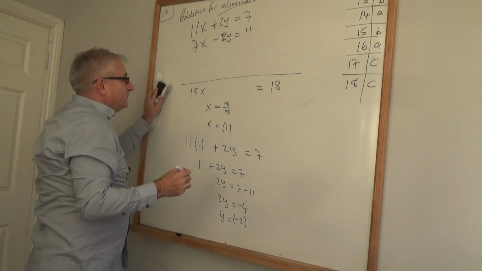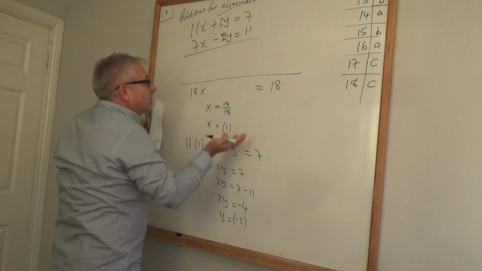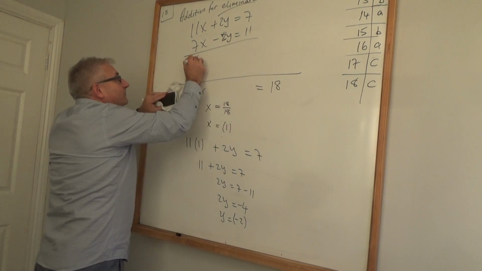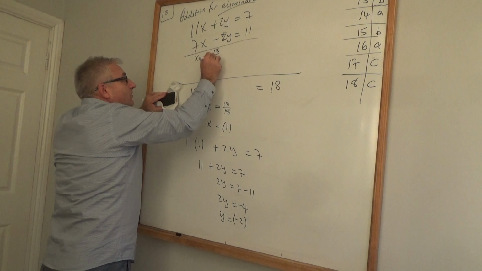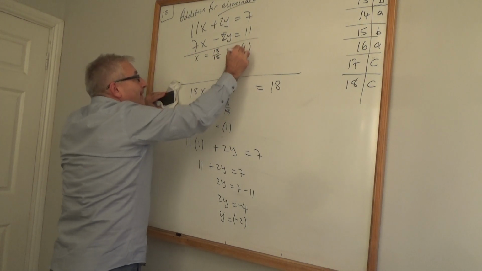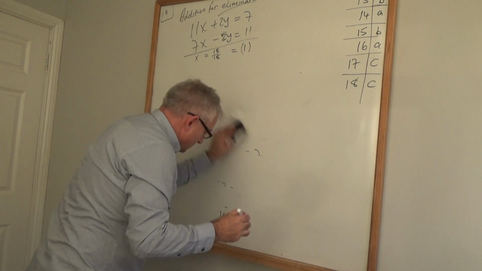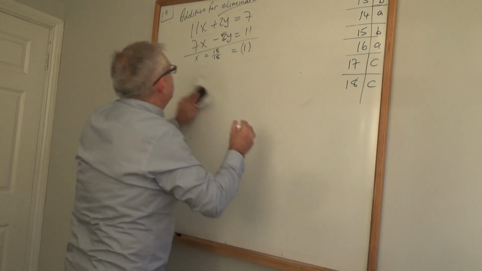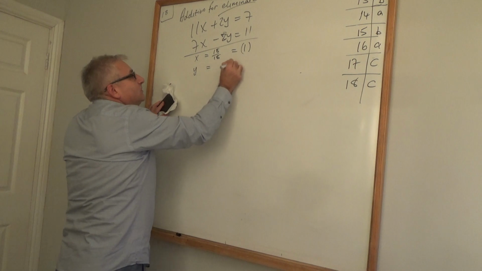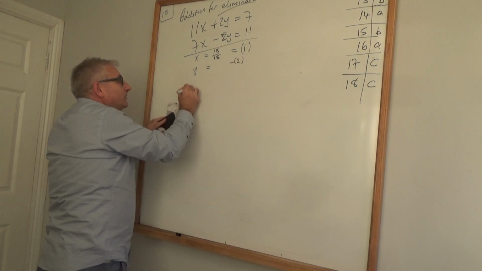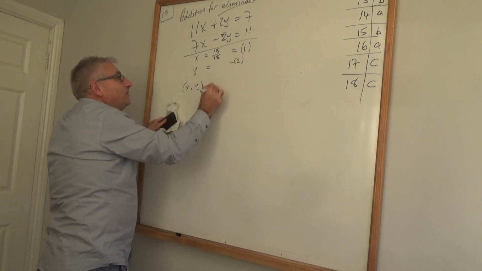Okay, so let's just try to contract things here a bit. So we ended up, let's cheat and say we got to there. And then after a little bit of maths, we got to y equals minus 2. So now what we want to do is put them in order.